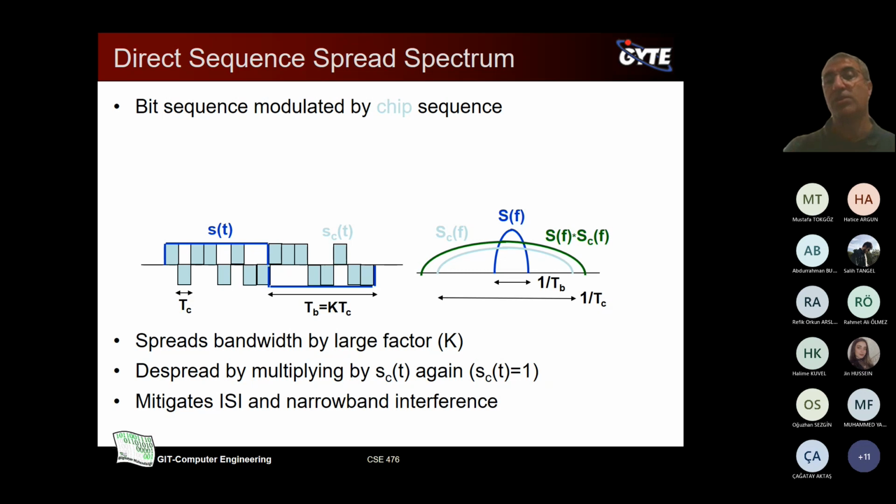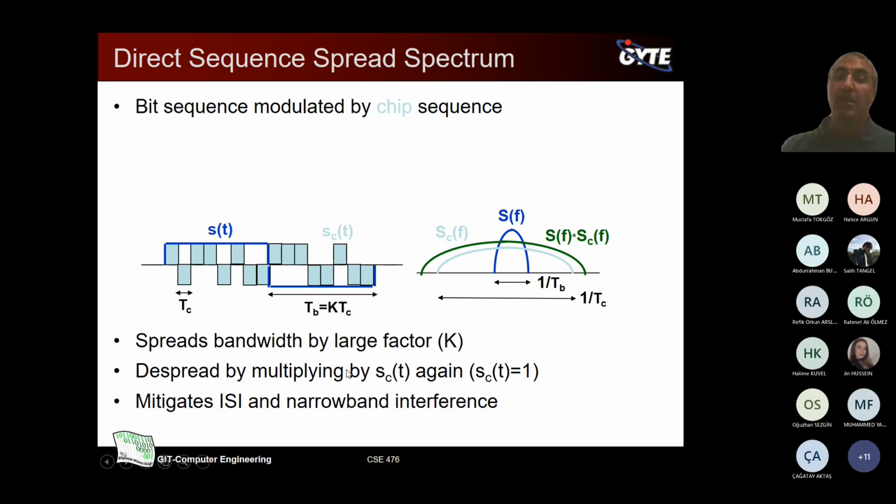Let's say my original was 10 megahertz, and I did it with an 8-bit chip sequence, then I spread to 80 megahertz. So that's why it's called spread spectrum. You're spreading your bandwidth using a secret code. At the receiver side, you despread by multiplying with the same secret code. If you don't know this secret code, you cannot decode this signal.